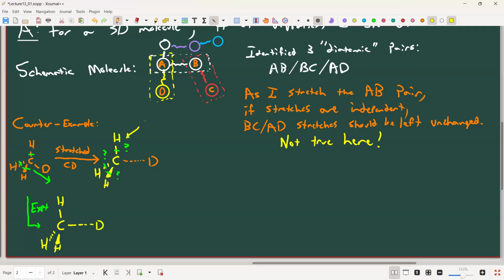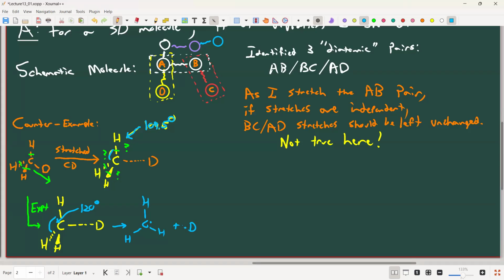So here the angle is 109.5 degrees. Remember the tetrahedral. But as you start to pull this system out, it turns into an equilateral triangle, a planar one, where this is 120 degrees. So what you get is a trigonal planar methyl radical and a deuterium radical.